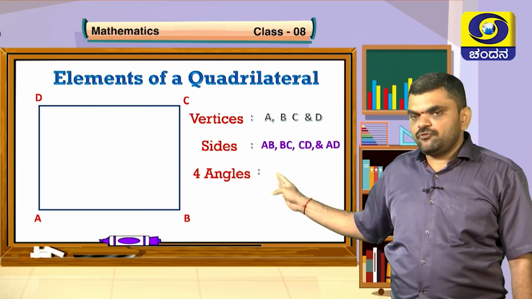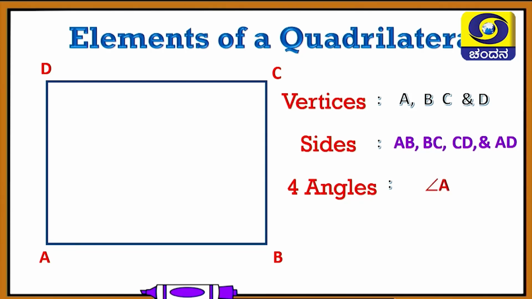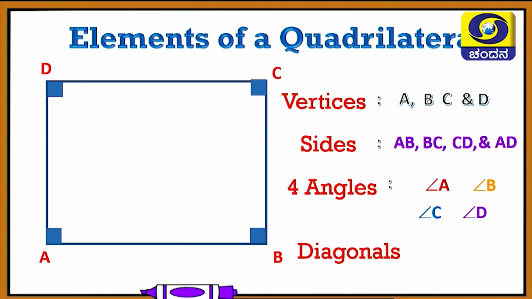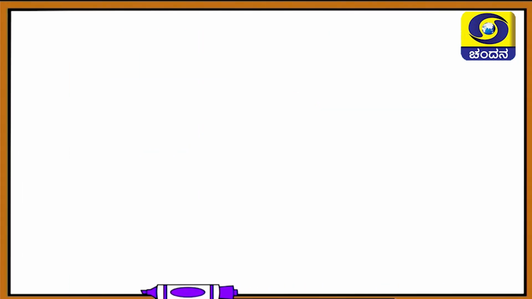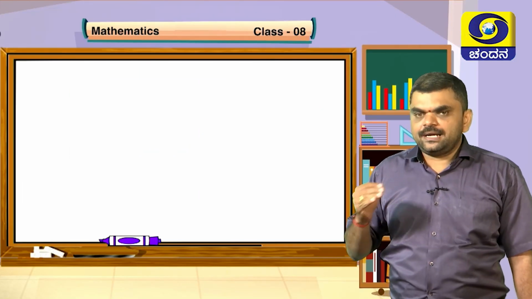Again, it has 4 angles, that is angle A, angle B, angle C and angle D. Here, since I have taken a rectangle, all the 4 angles are 90 degrees. It also has 2 diagonals. Diagonal means if we join the opposite vertices of a quadrilateral, then it is called a diagonal. It has 2 diagonals, that is AC and BD here, children. Yes, these are the elements of the quadrilateral.